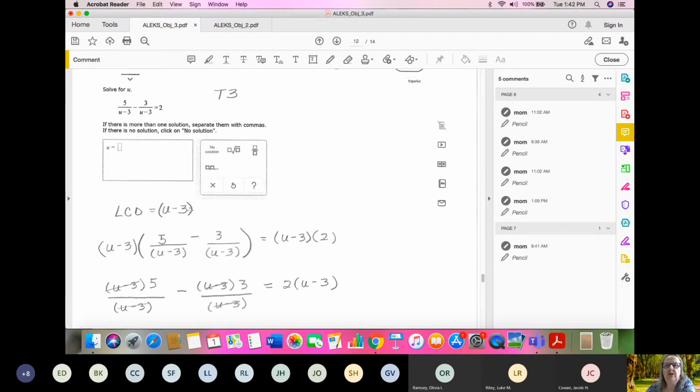I just think it's much clearer what to do. Maybe you could get away with not doing it in this problem, but in other problems it's going to be quite confusing unless you use the parentheses. So for the LCD we write down this u minus 3, and this other u minus 3 with parentheses around it, we already have it there, so we don't write it down again.